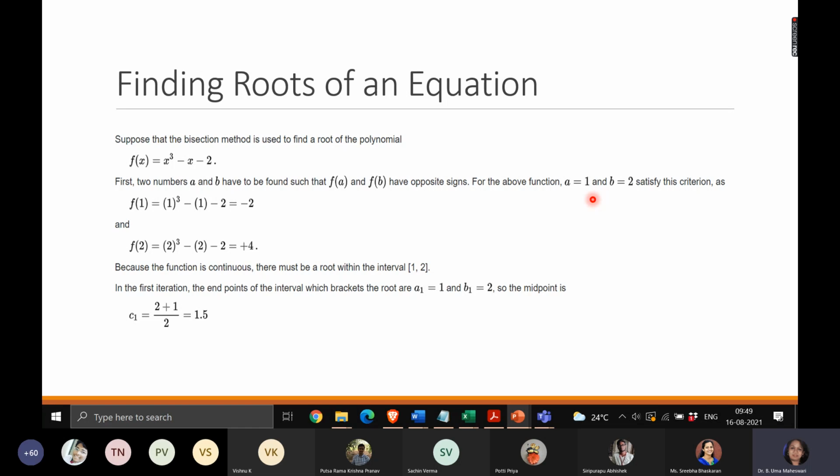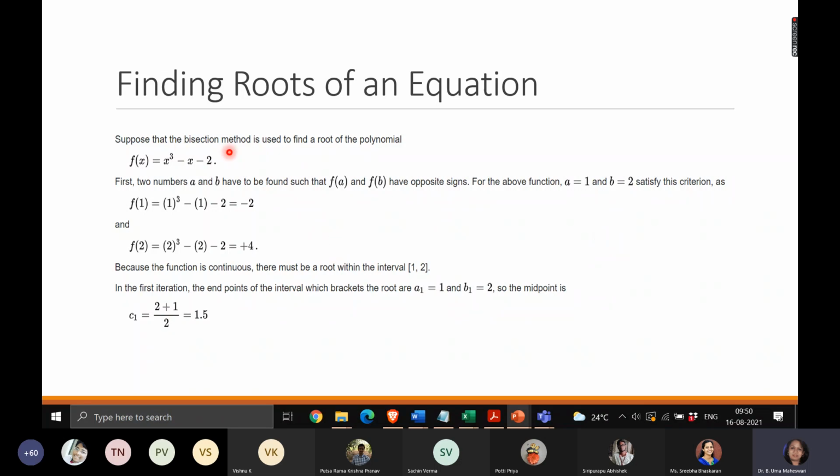Given the interval 1, 2, whether the root is 1.5 or 1.7 or 1.9, where is it? As I said, it is a continuous function. That means you will have a sine wave or some kind of wave, and on the x-axis it will cut somewhere. That cutting point is called a root. We have studied that in lower semesters.